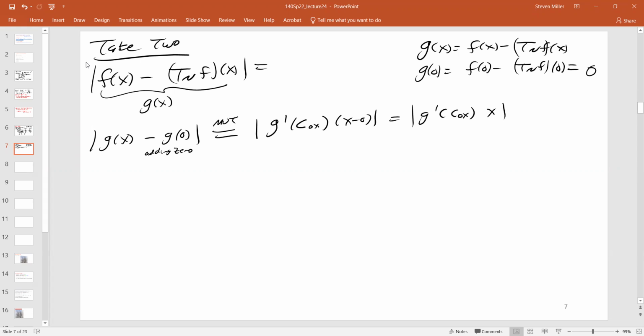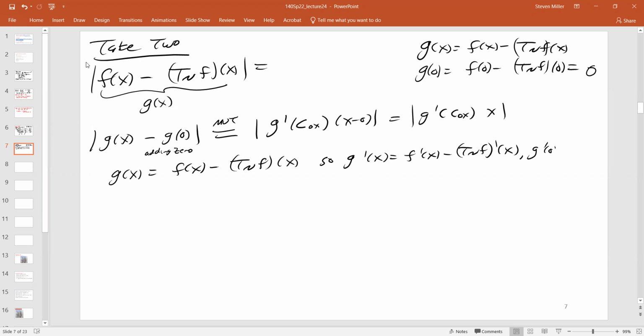Everybody agree so far? Now, g of x is f of x minus Tn f of x. So g prime of x is f prime of x minus Tn f prime of x. What's g prime of 0?